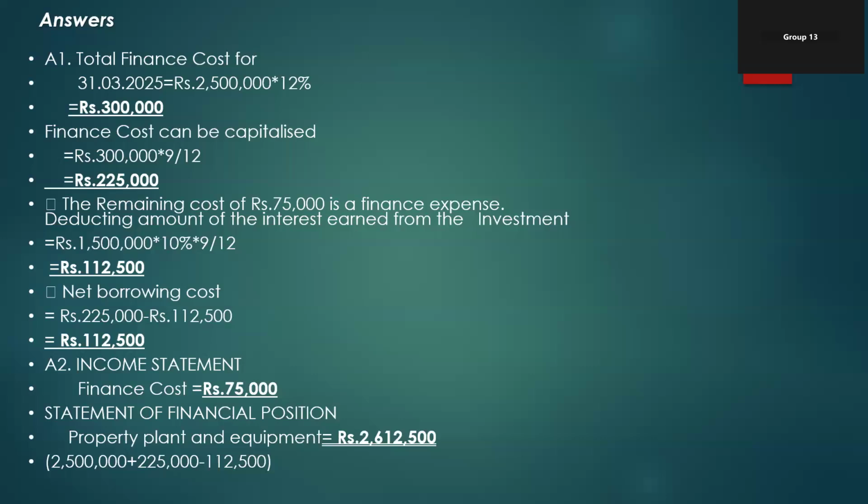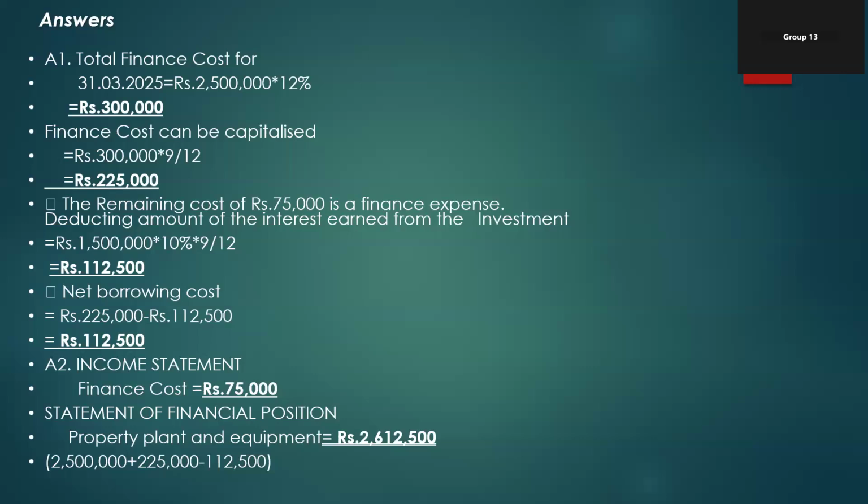The reason is that we are only taking the time during which the asset was being created. They have taken 9 months from the total year to create the asset. According to that, we can only capitalize the finance cost for 9 months.